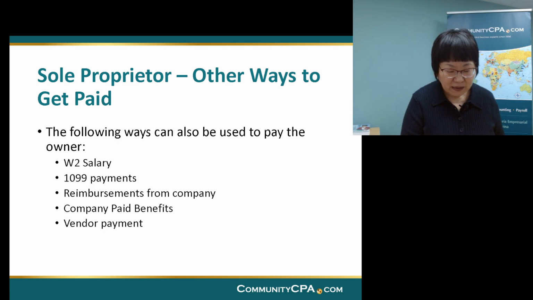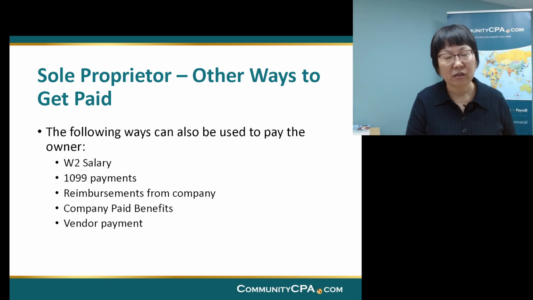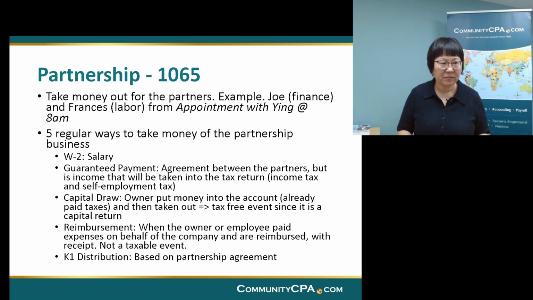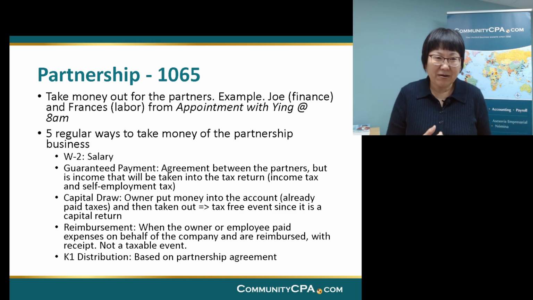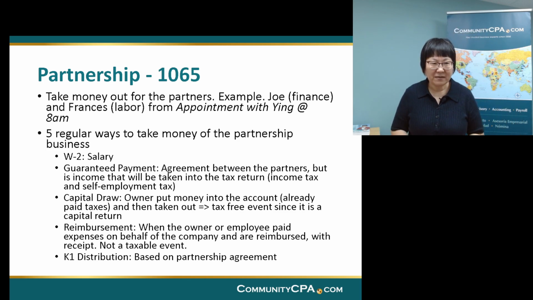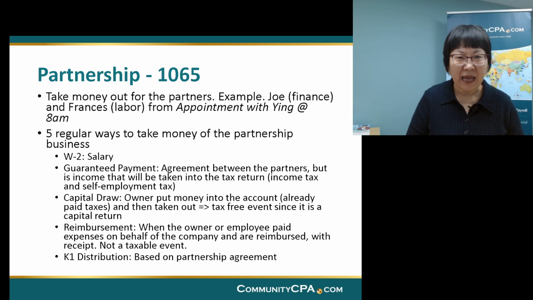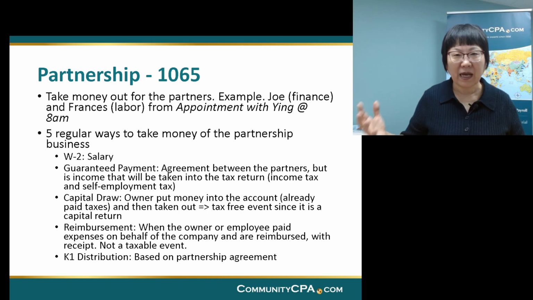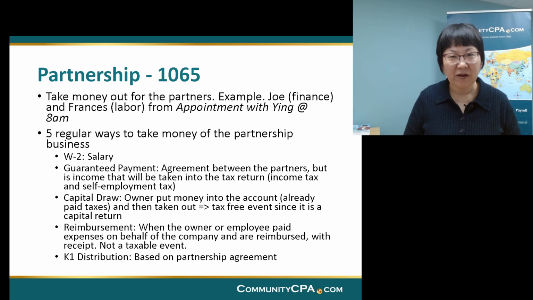All right, let's talk about the other structure, partnership. When you are in a partnership, okay, so take money out for partners, right? Maybe you're not the only one. So Joe and Francis, these two characters are in my first book, Appointment with Ying at 8 a.m. These are real stories, but of course I used phantom names.